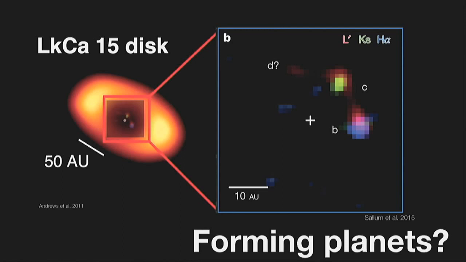But what's actually most exciting is that we're seeing planet formation in action. Because you see the red spots, B and C, and C also has some green. Let's forget about D for now. But the thing that's really exciting is the blue stuff on B. That blue stuff is gas at 10,000 degrees Kelvin, and it's actually falling onto that planet.